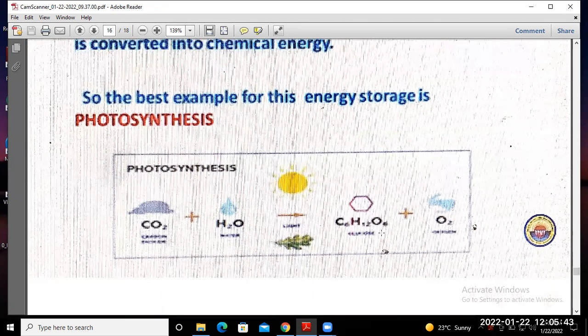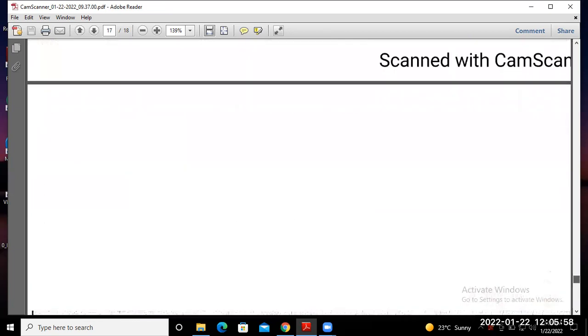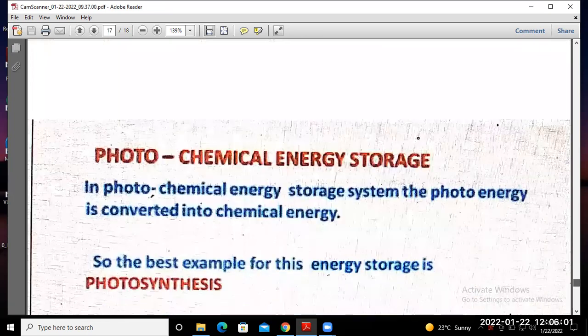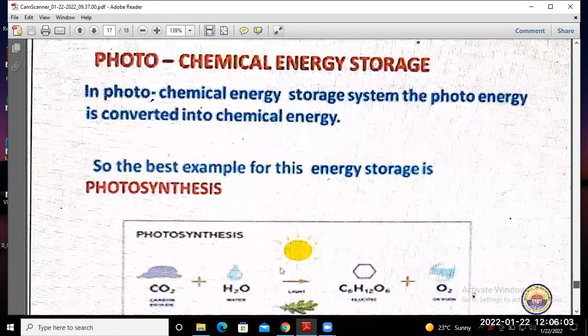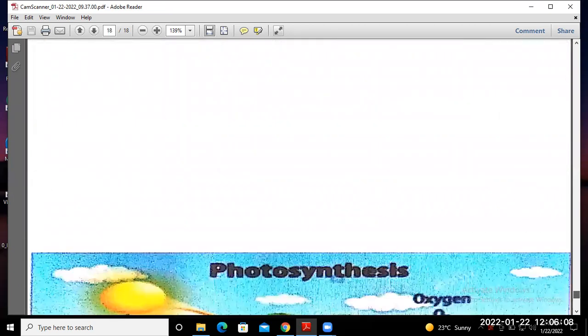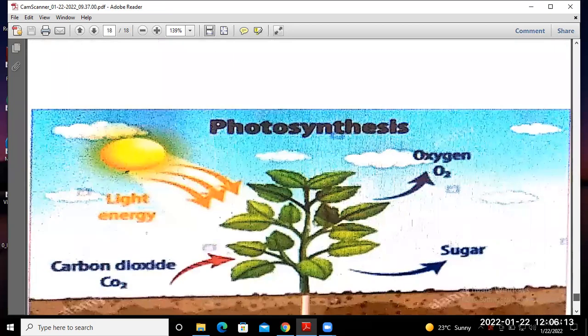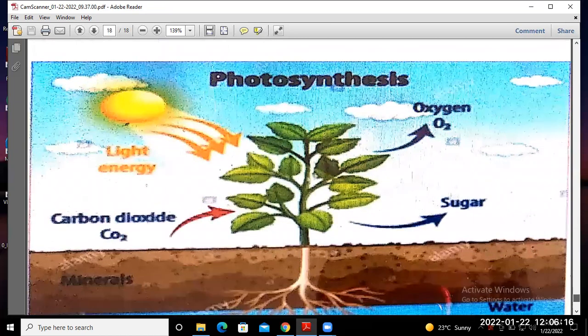So C6H12O4 plus O2. This is the photosynthesis explanation.